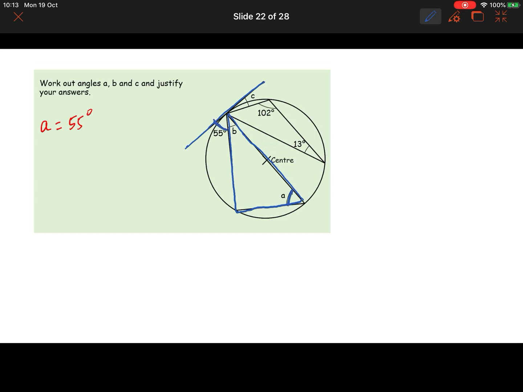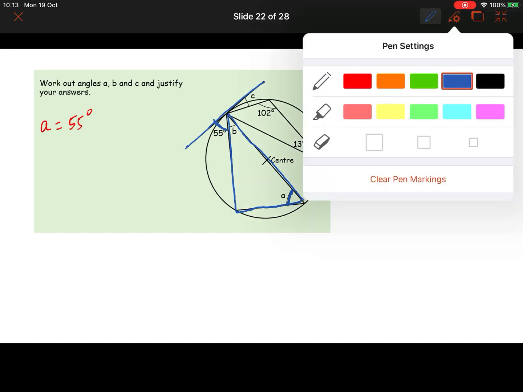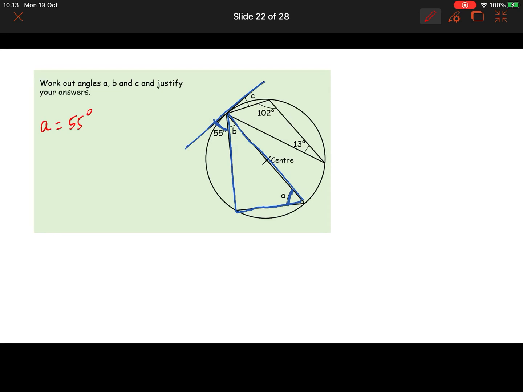So that means this angle here is the same as this angle here. So it must be 55 degrees.